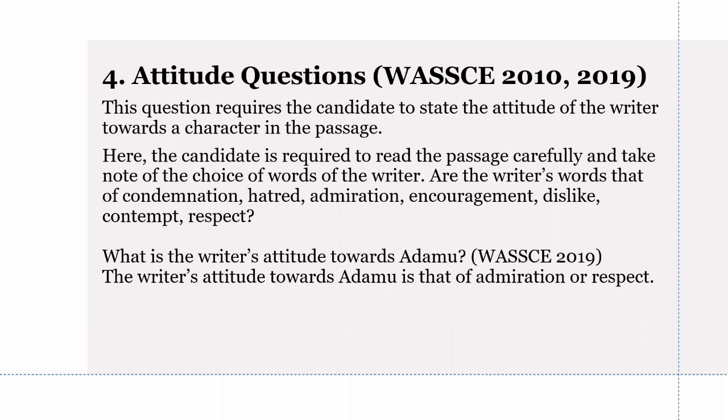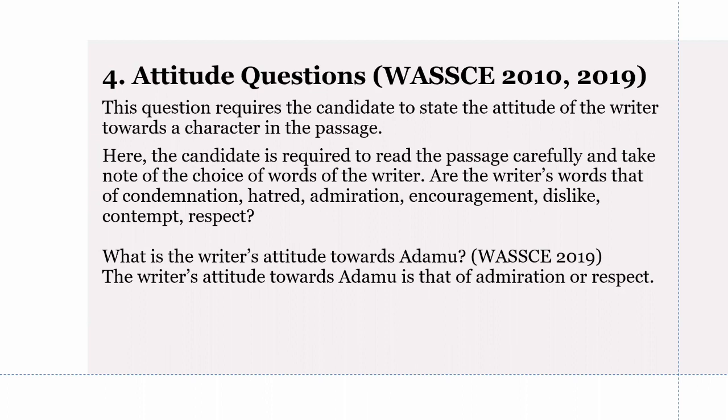So Adamu was left alone to take care of his life. He struggled, learned a lot of skills, and enrolled himself in a school. From the passage, it is said that he was a workaholic. He worked very hard and was able to achieve what others achieved. He was also very intelligent.